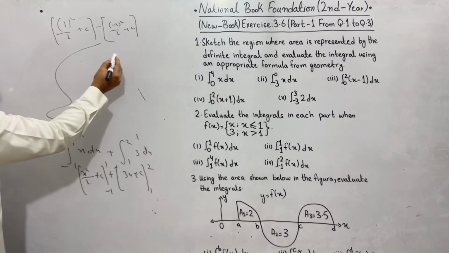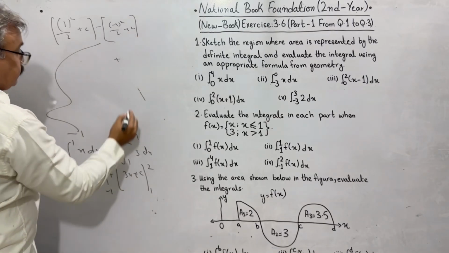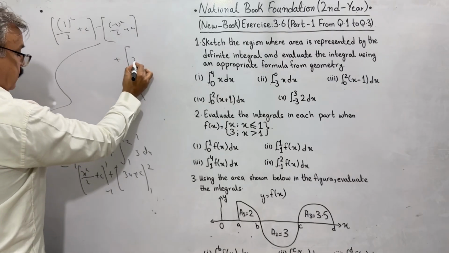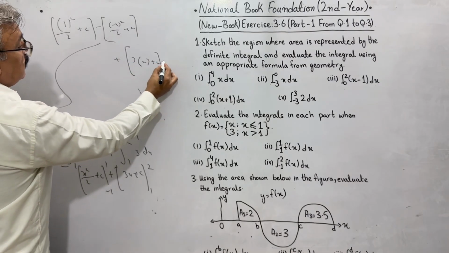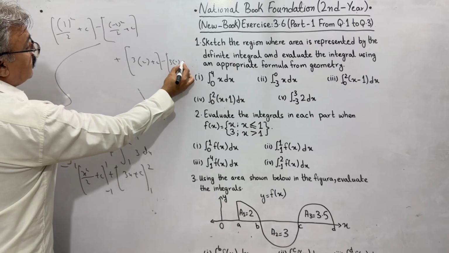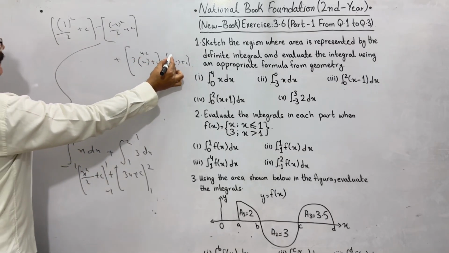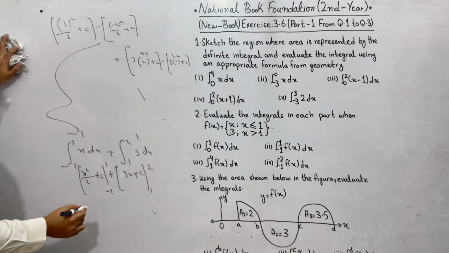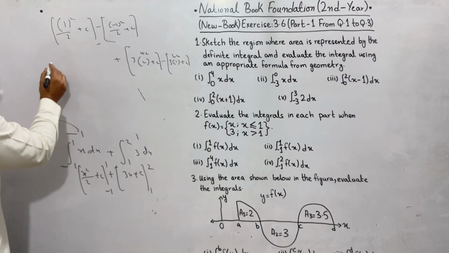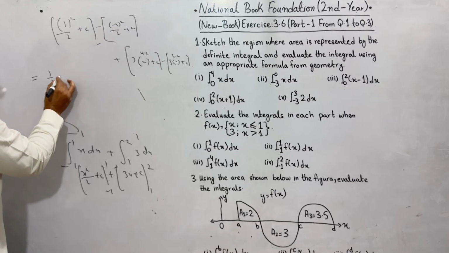What about this part? Plus upper limit 3 times 2 plus c minus 3 times 1 plus c. Upper limit minus lower limit. This is my upper limit, this is my lower limit, 2 and 1. Making life simple and calculating, this is going to be 1 over 2 plus c.